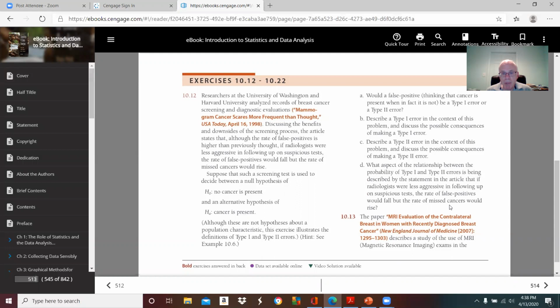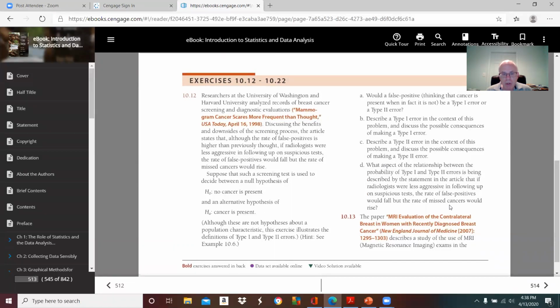All right, so a false positive means that the test shows you have cancer when in reality you don't have cancer. So although the rate of false positives is higher than previously thought, if radiologists were less aggressive in following up on suspicious tests, the rate of false positives will fall, but the rate of missed cancers would rise.